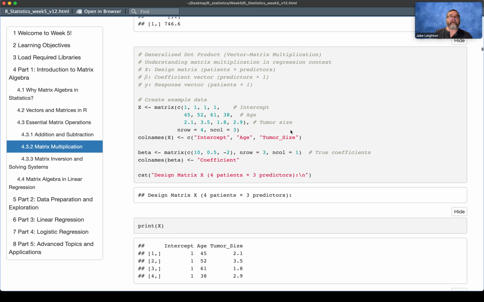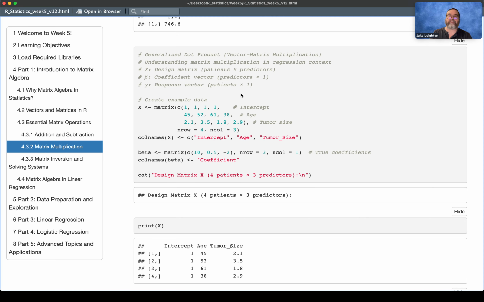Let's make 3 different things. If you think about y equals mx plus b, the definition of a line, let's look at it a little differently, in a linear system instead. It's a tiny bit similar, similar enough that you can see it the same way. Here we go: y equals Xβ.